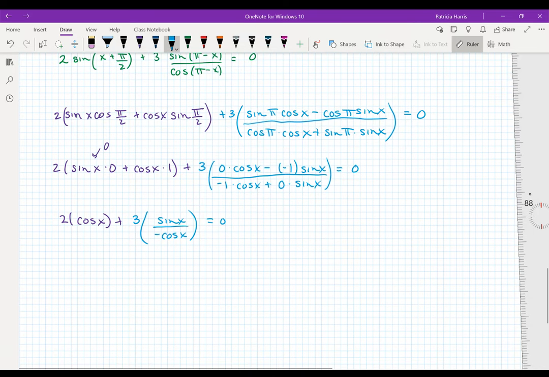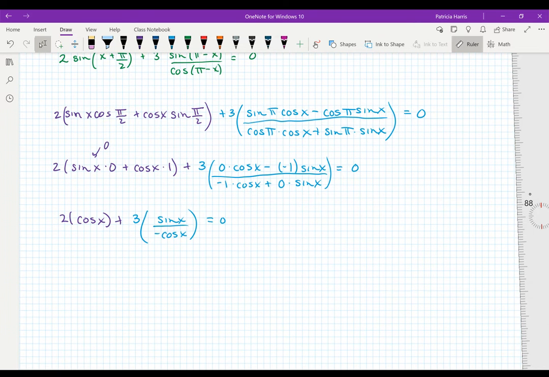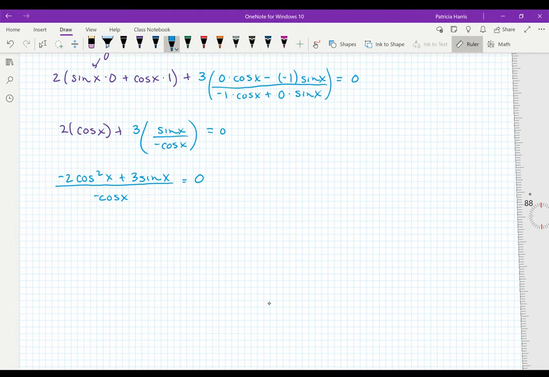Let's see here. So now, common denominator sounds like a good idea. So okay, so now what we want to be sure of, let's see, what could we do?